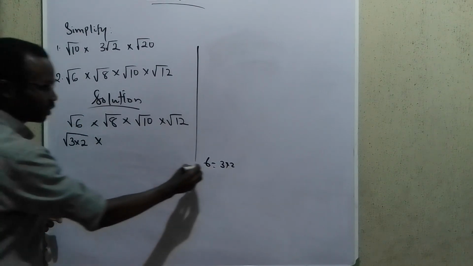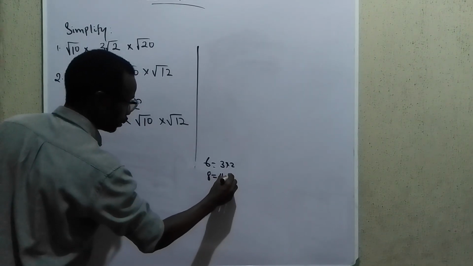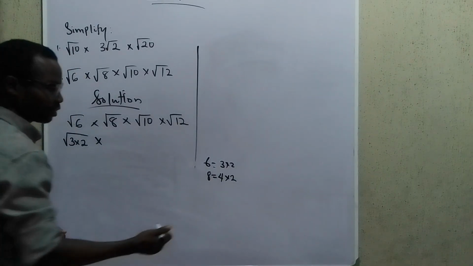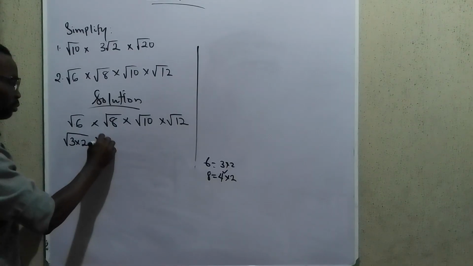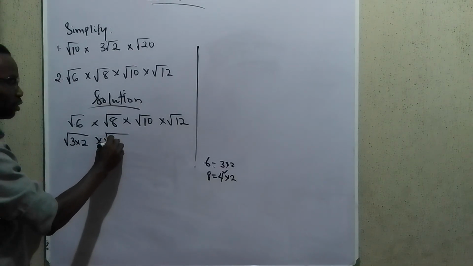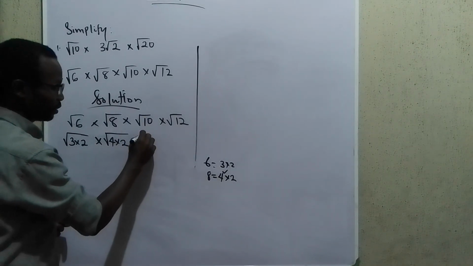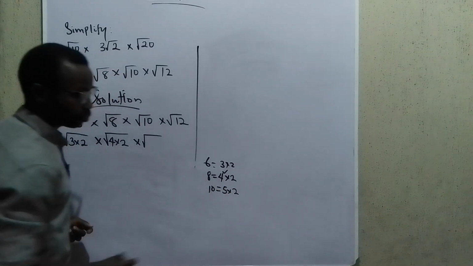Now what is 8? 8 is the same thing as 4 times 2. Now, does any one of them have a perfect square root? Yes, that is 4. 4 has a perfect square root. But meanwhile, let's just have it as 4 times 2, right? Now let's go. The next is 10. 10 is the same thing as 5 times 2.